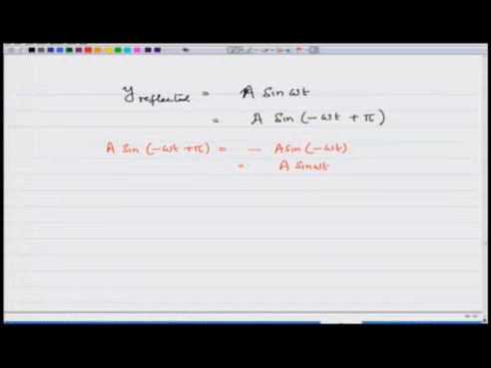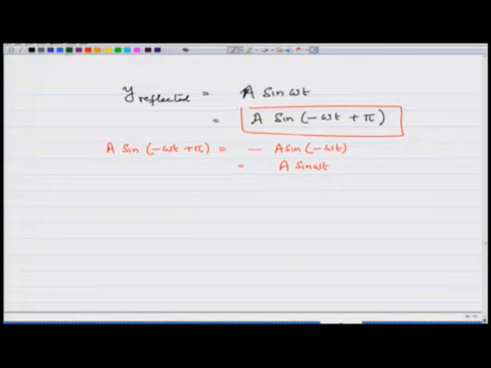But the purpose of writing it in this form is as follows: y reflected is equal to A sine of minus omega t plus pi. This minus omega t actually shows the phase of the incoming wave. So, we have to add a phase of pi to show the displacement of the reflected wave.